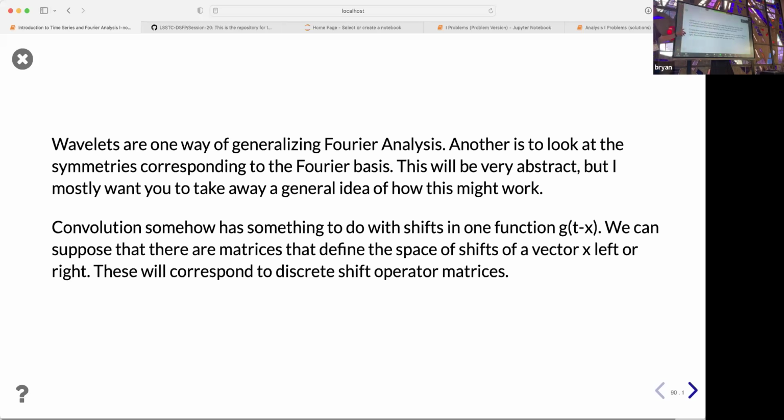This is going to be a little bit abstract, but it's really just to give you an idea how this might work. The idea is that convolution has something to do with shifts in one function, g of t. It's saying that if I shift a function over, it's the same function, that there's some shift symmetry in the problem. So we can suppose that there are some matrices that define the space of shifts in the vector x, left or right. We're going to call these discrete shift operator matrices.